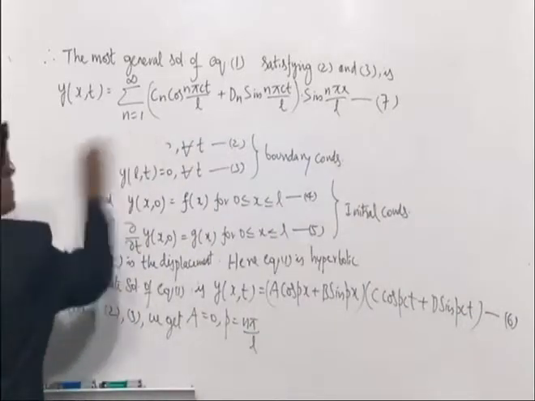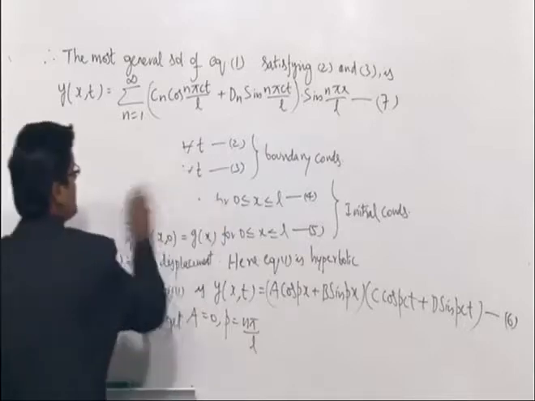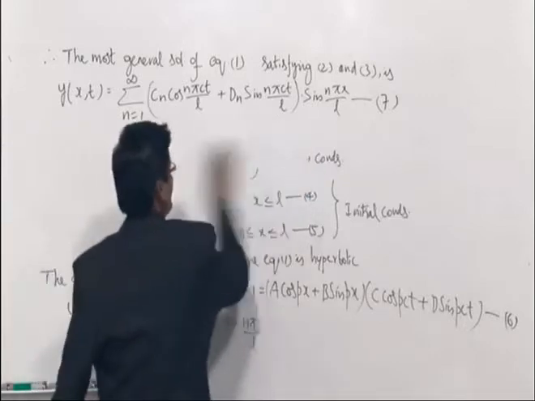And the other 2 conditions left, that is the initial conditions, we will get Cn and Dn using the 4 and 5 conditions.